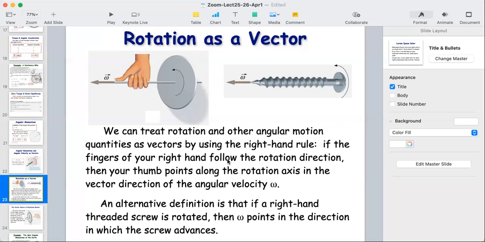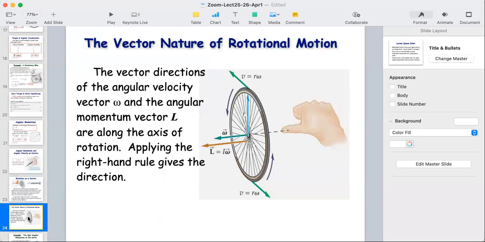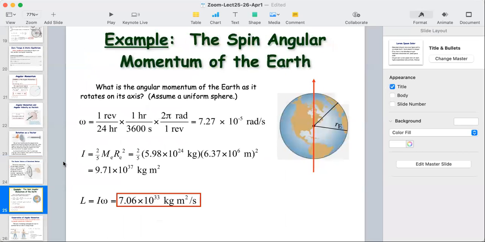If the fingers of your right hand follow the rotational direction, then your thumb points along the rotational axis in the vector direction of the angular velocity omega. You see here, omega is going in this direction. If omega is going this direction, L is also going in this direction, because L is omega multiplied by I, and I is a scalar quantity. So the vector directions of the angular velocity omega and the angular momentum L are along the axis of rotation, and you have to apply the right-hand rule.